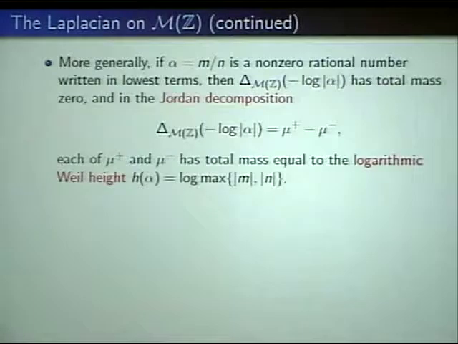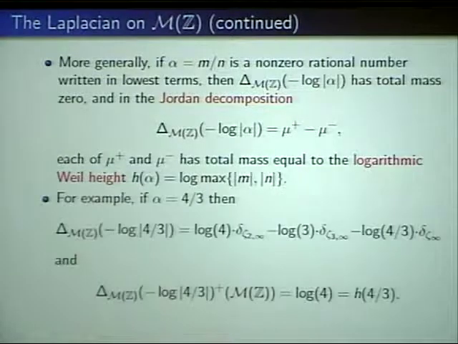And even better, I could take not just analytic functions like n, but meromorphic functions like m over n. So I think of a rational number as a meromorphic function. And if I compute the Laplacian and I take its Jordan decomposition, then I claim the mass of the positive part is the height of the rational number.